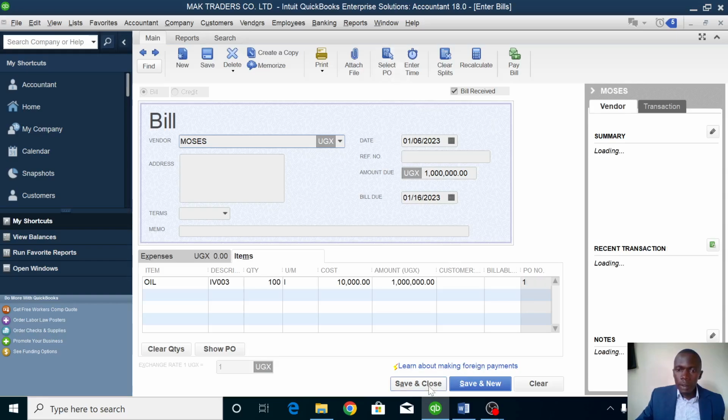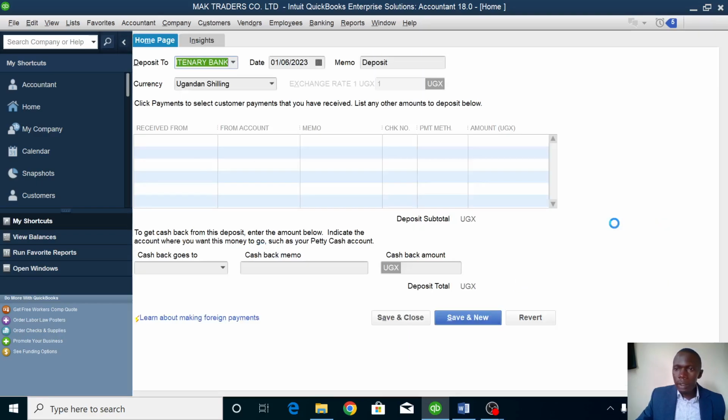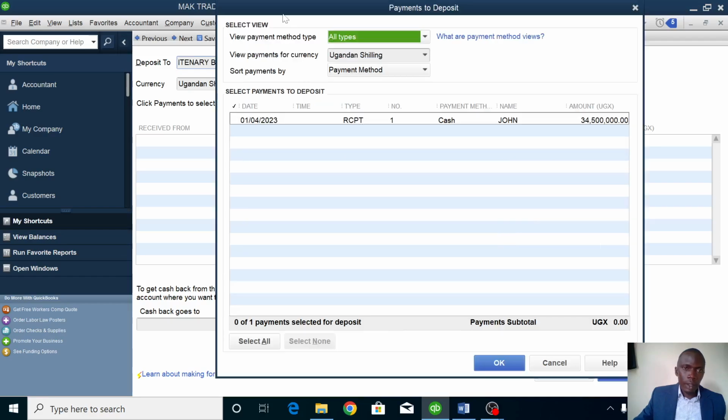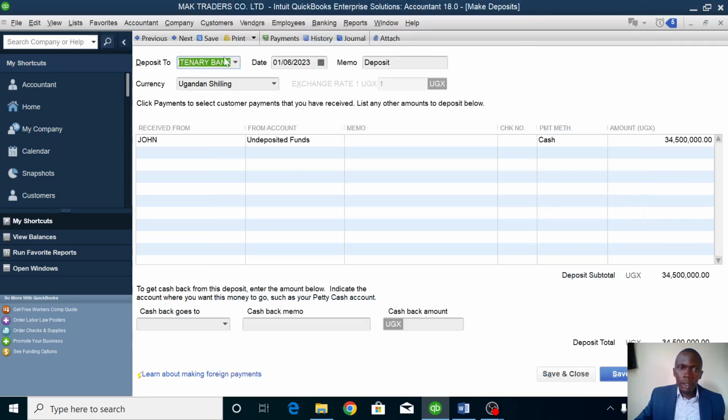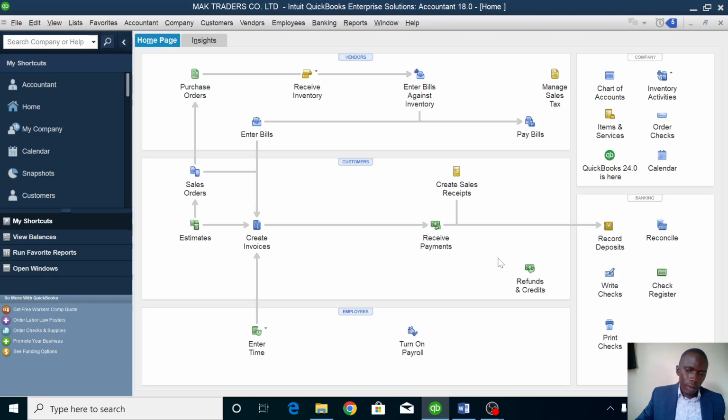So we save and close. So here you're seeing the notification. We had forgotten to deposit to the bank. They are saying that we deposited it, so we check this, we say okay, it is Centenary, so we save and close.